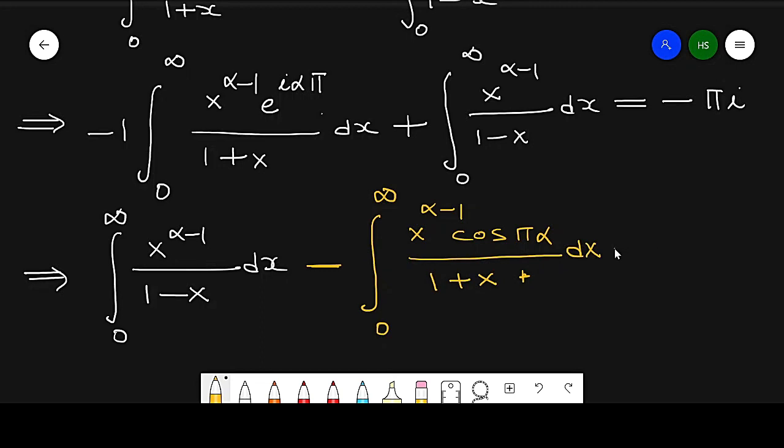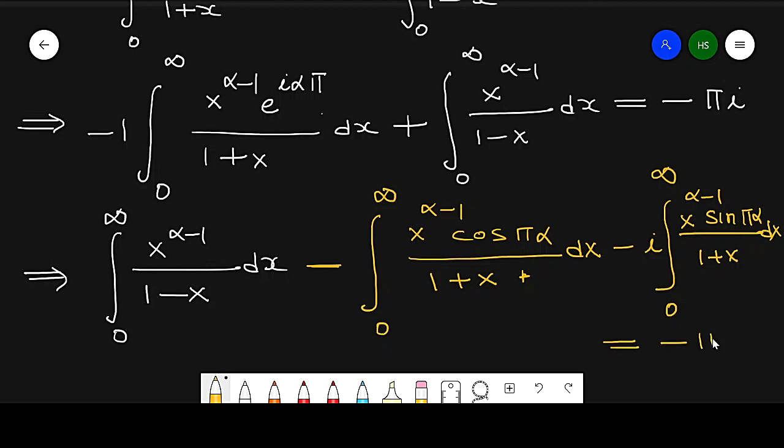That is the first part. Second part: minus iota integral 0 to infinity x raised to power alpha minus 1 sine of pi alpha over 1 plus x into dx, and this term is equal to minus pi alpha. Now this is my equation.